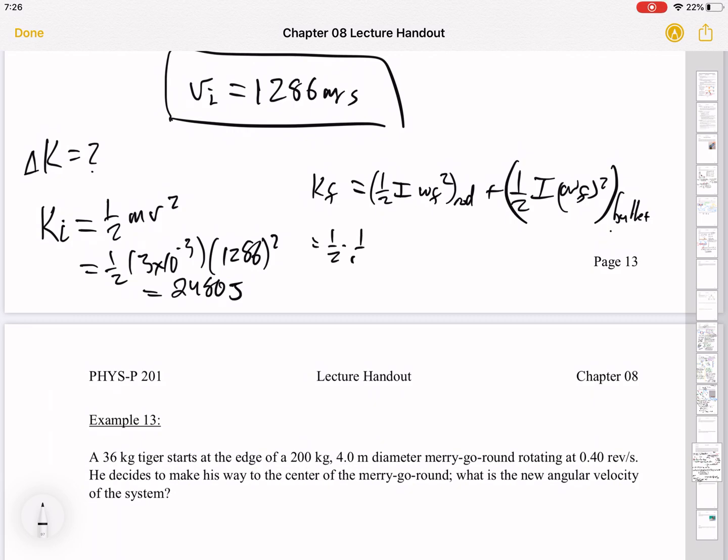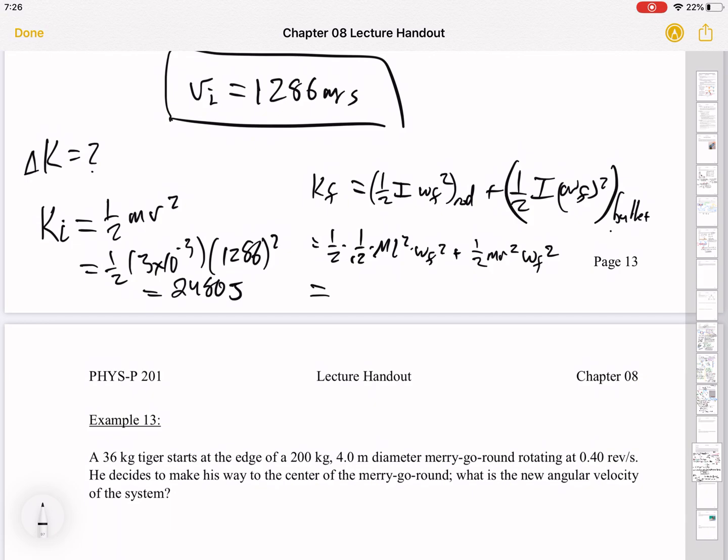So half 1/12 ml squared times omega final squared plus half mr squared omega final squared. Again, we have all the numbers for that.